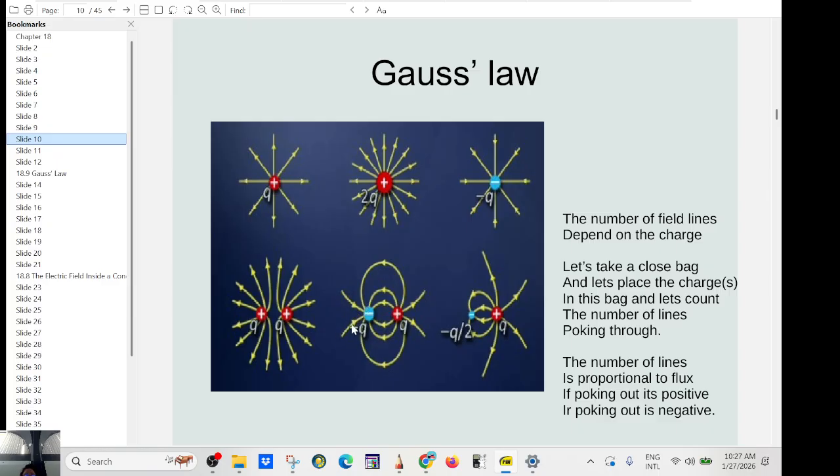Because you have lines coming in, coming in, and then coming out from this one. So if you have 8 coming in, you're going to have 8 coming out. In that case, you have Q and minus Q over 2, so you're going to have half the lines if you have a bag.